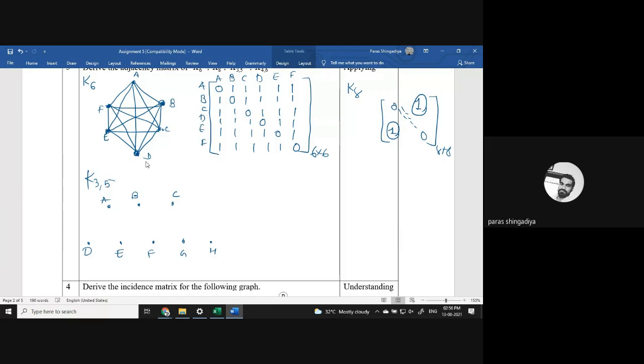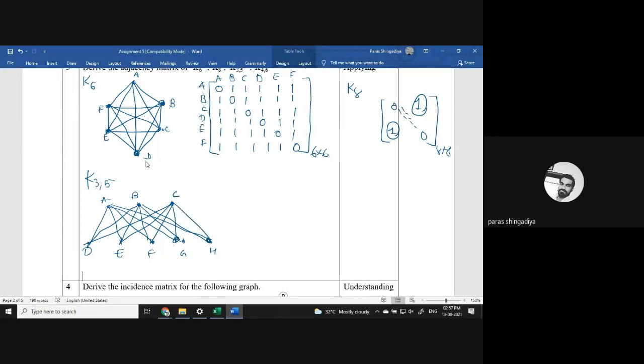A is a vertex of one side, so we connect A with the opposite 5 vertices, but we will not connect A with B and A with C. Same for the second vertex B and the third vertex C. So A will connect with D, E, F, G, and H, that is 5 edges from A. Now do it for B also: B will be connected with D, E, F, G, and H. And same for C. Clear?